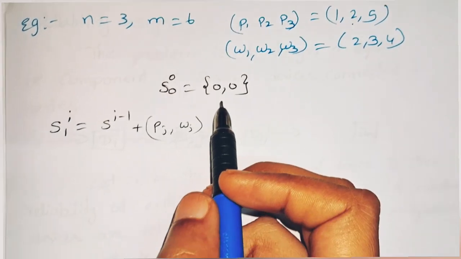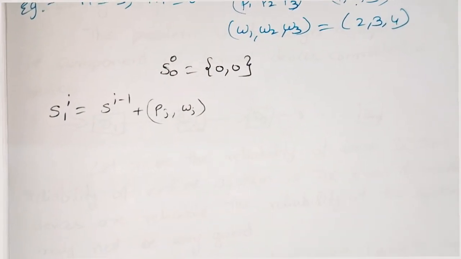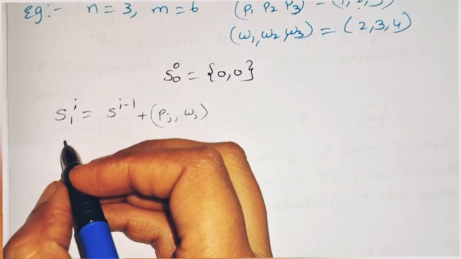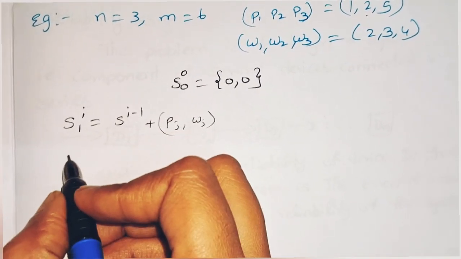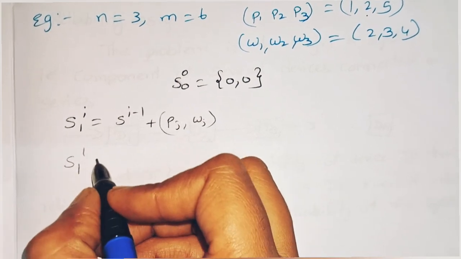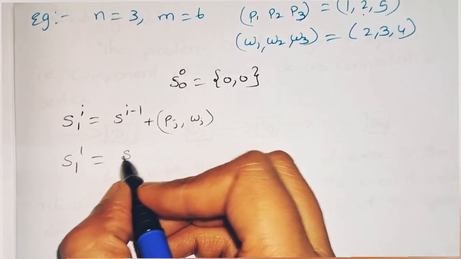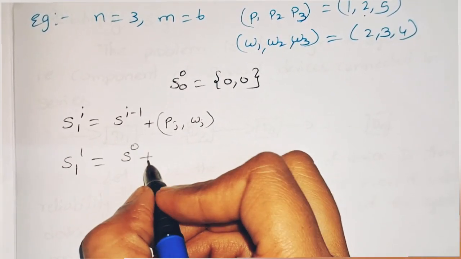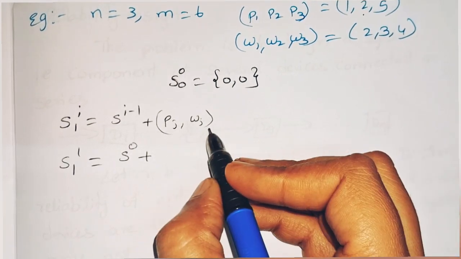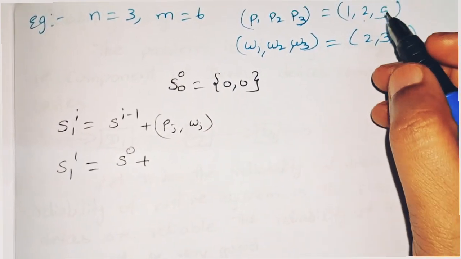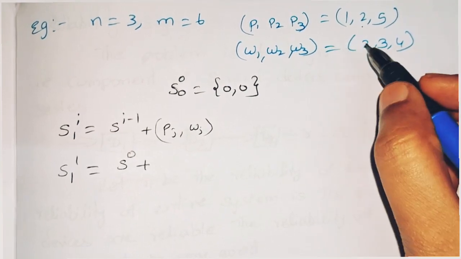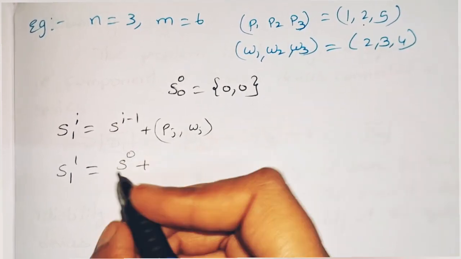Now in this formula we place the value 1. What happens if we keep the value 1 here? S^0_1 equals S^0 plus (P1, W1), meaning the profit and weight of the corresponding item, that is 1 and 2.